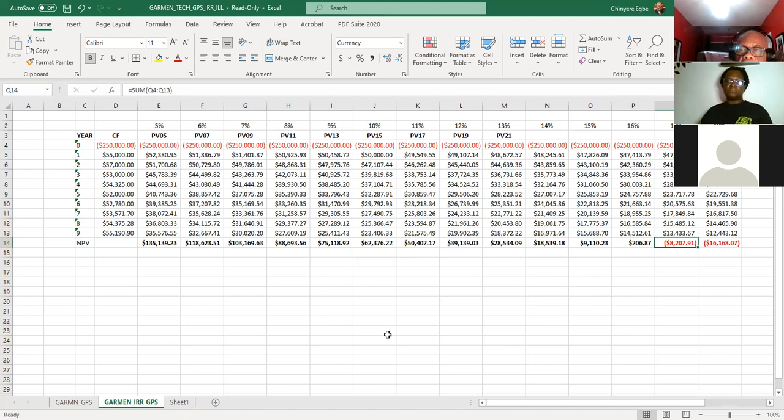And the best way to resolve the exact amount is to plot a chart.